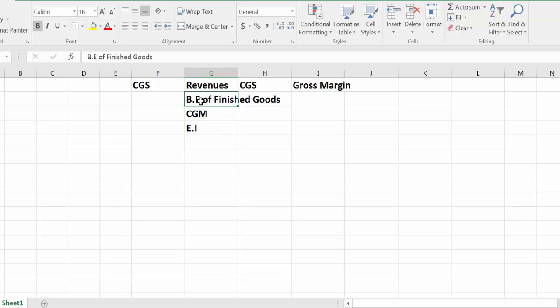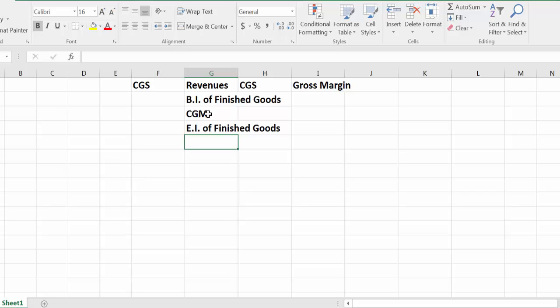Sorry, let me make a correction here for this E. I think I should put I here. The B.I. means beginning inventory. Then you have the ending inventory of finished goods. If you add the beginning inventory of finished goods to cost of goods manufactured, then you have so-called goods available for sale. Then subtract the ending inventory, and the result is CGS. So these are the two places at least you can think of using CGS.